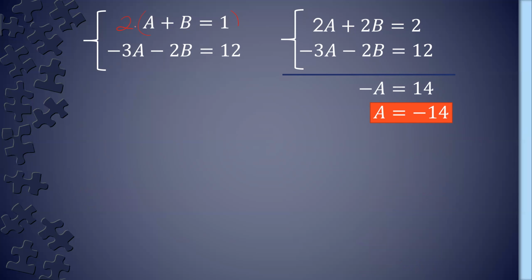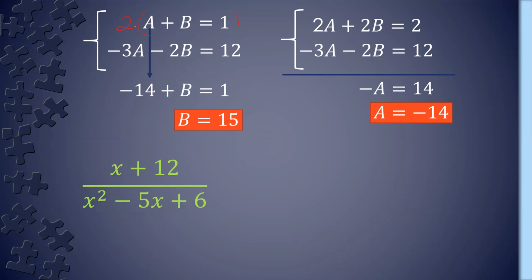Now that I know A is negative 14, I'm going to go back to the first equation and substitute. So I have negative 14 plus B is 1, therefore B is 15. So we have found those question marks that we were looking for from the beginning. The first one is negative 14 and the second one is 15.